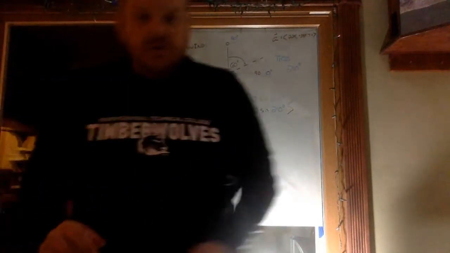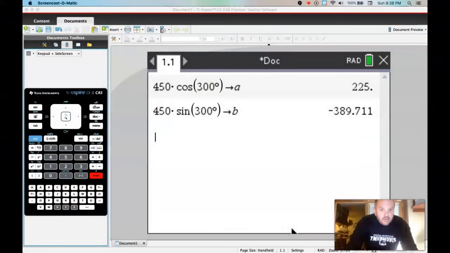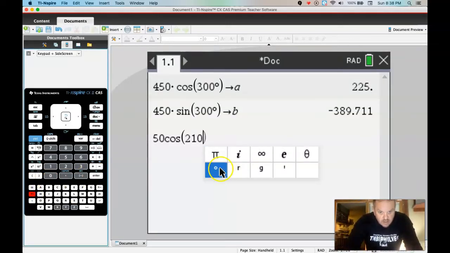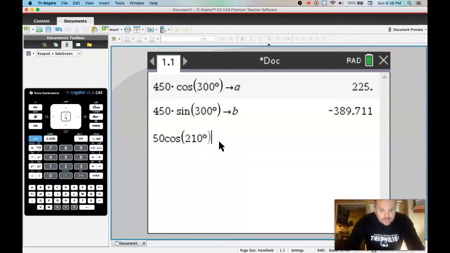We can now go to a calculator for those two. 50 cosine of 210 degrees.